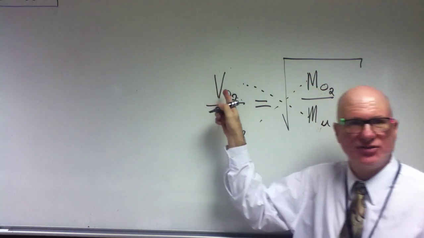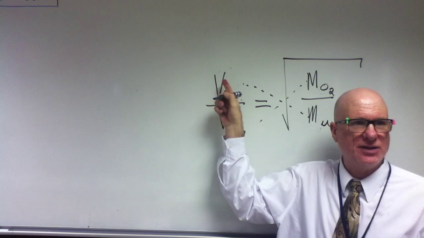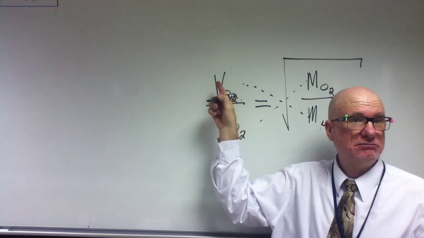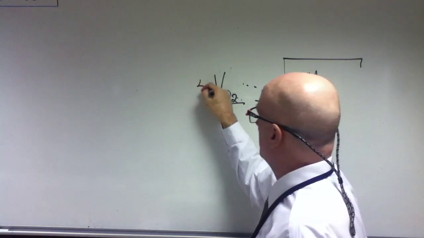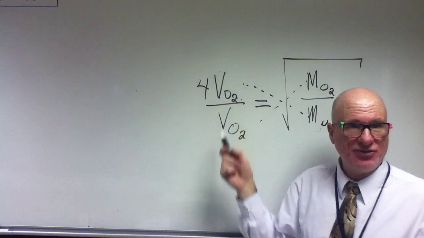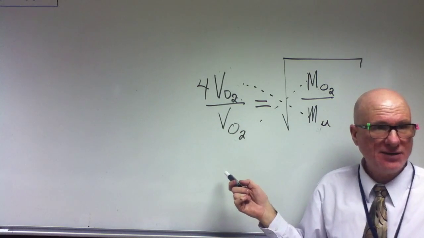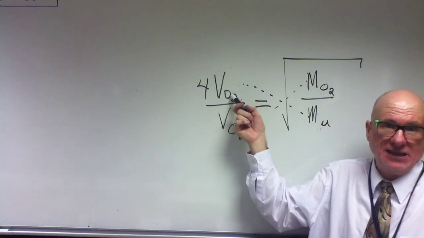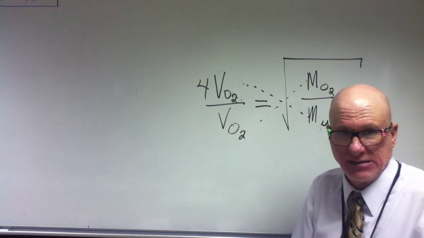What would I have to do to this value to make it equivalent to the unknown gas? Multiply by 4, because it said this is 4 times faster than oxygen. Easy? Basic algebra.